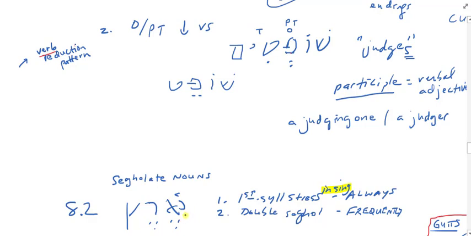Segholate nouns are a special kind of noun that are characterized by 2 things. Number 1, in the singular, Segholate nouns are always going to have first syllable stress. They're always going to have stress on the first of the 2 syllables. That is a non-negotiable. Always, always, always. Segholate nouns will have first syllable stress.